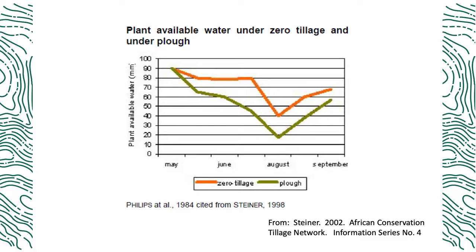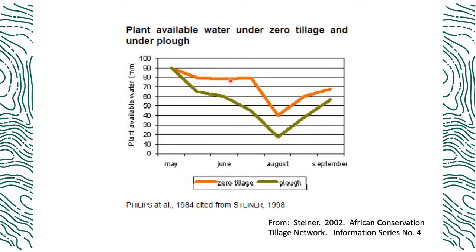And this is a study that was done back in the 1990s, looking at the orange line here is soil moisture status from May through September of zero tillage or conservation agriculture field compared to the green line, which is a plowed treatment.